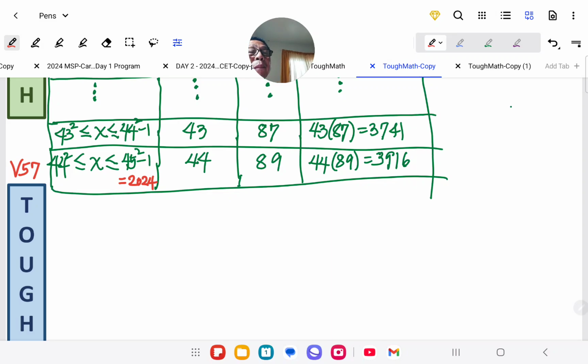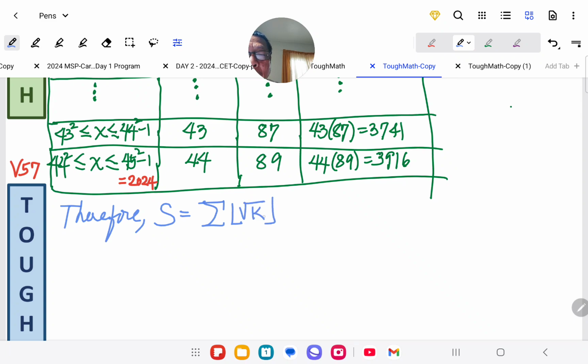Therefore S, which is the sum of the greatest integer value of the square root of k from k equals 1 to 2024, would be equal to the sum of n times 2n plus 1 from n equals 1 to 44.